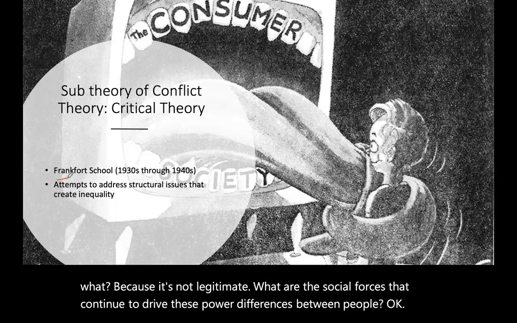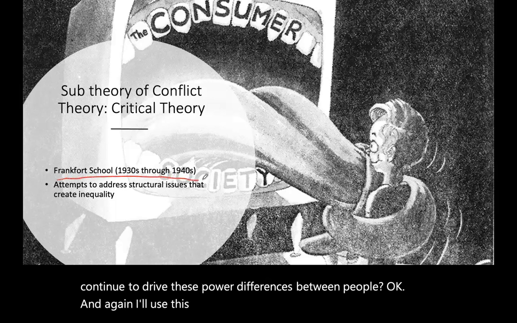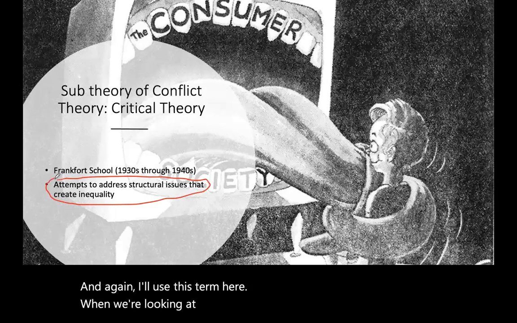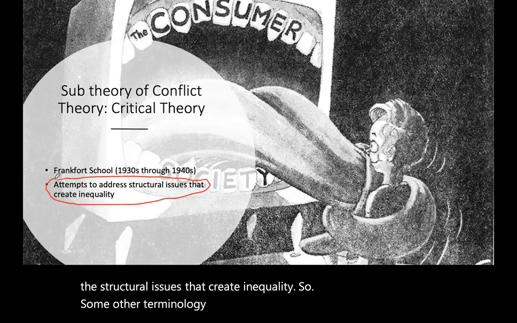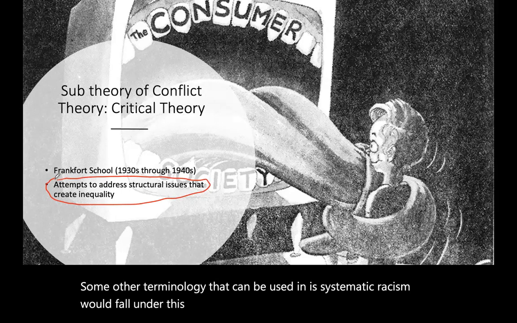And again, I'll use this term here. When we're looking at critical theory, it's really an attempt to address the structural issues that create inequality. Some other terminology that can be used in this is systematic racism, which would fall under the structural issue, okay?